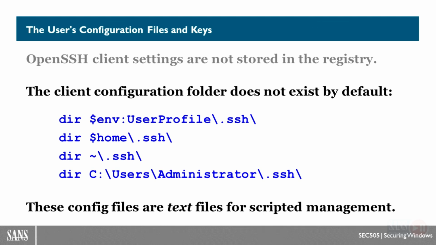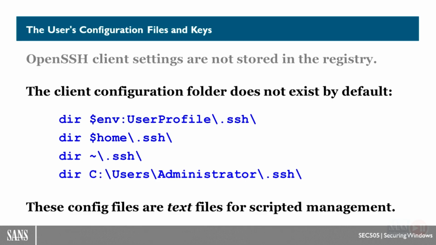Because these configuration files are just text files, that means we can script the management of these files. And it also means that we can use things like group policy and system center to manage these files too. So in today's manual, by the way, first we're going to talk about SSH, and then after that do a little bit of group policy.